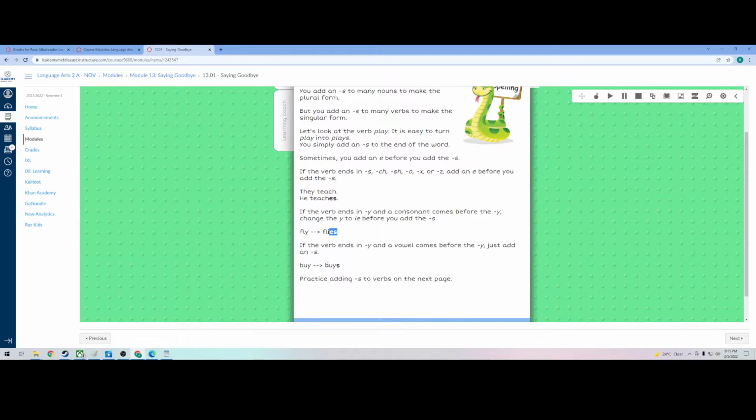U is one of the vowels. Remember last year I taught you what the vowels are. Vowels are A, U, E, O. Okay, those are the vowels. So here, fly, the letter before Y is not a vowel.